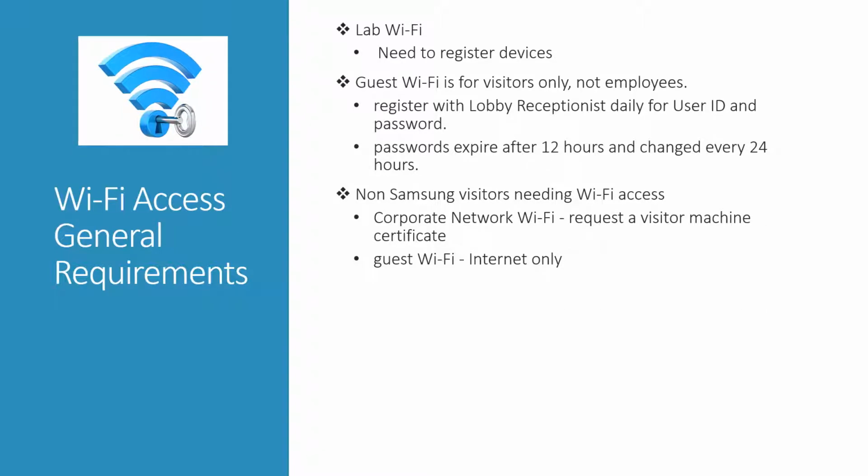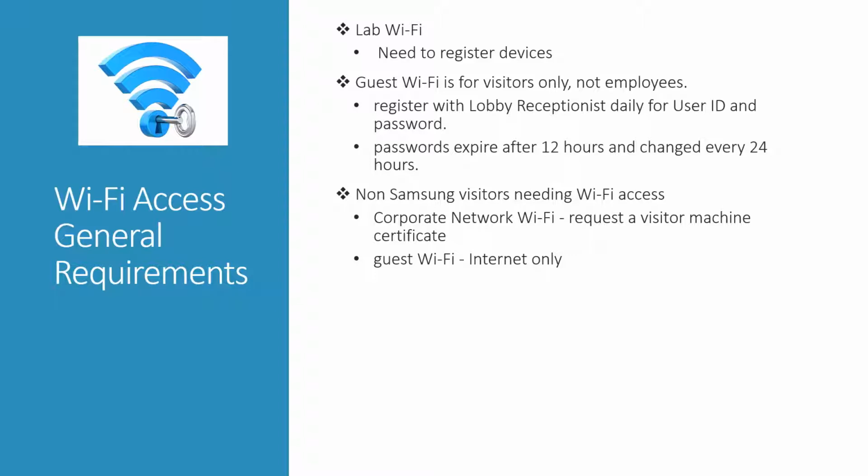Lab Wi-Fi: to get access to lab Wi-Fi, the lab devices have to be registered. Guest Wi-Fi is for visitors only and not for employees. The visitors have to register with the lobby receptionist daily to get a user ID and password. The passwords expire after 12 hours and they change every 24 hours.